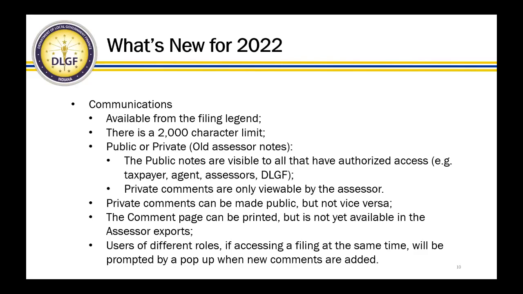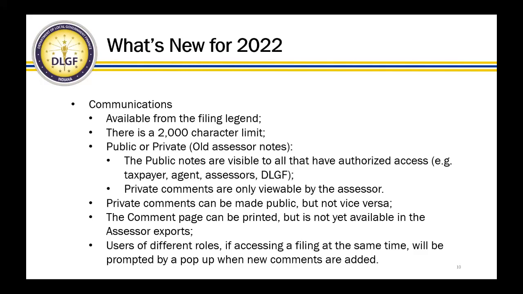Whereas private comments are only viewable by the assessor. So taxpayers, agents, and DLGF would not have access. That would be private only to the assessor. Private comments can be made public, but not vice versa. And the comment page can be printed, but unfortunately right now it's not yet available in the assessor export function.